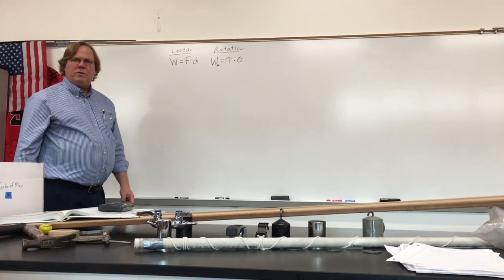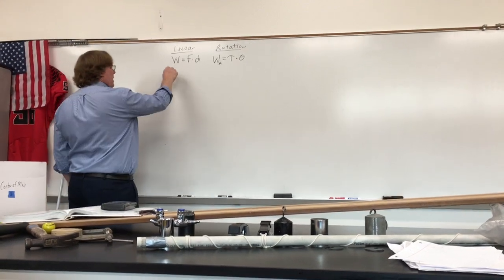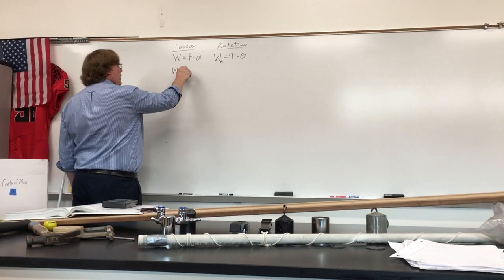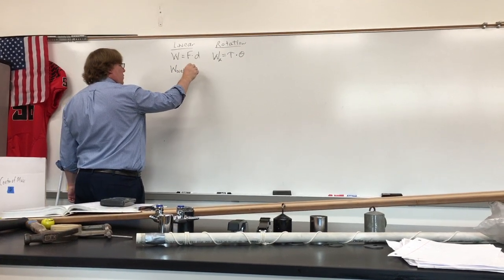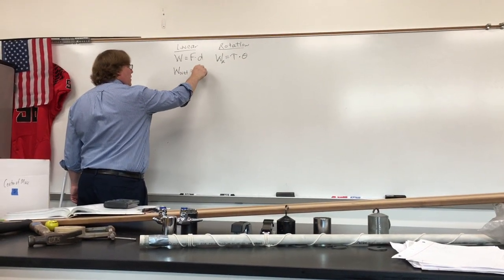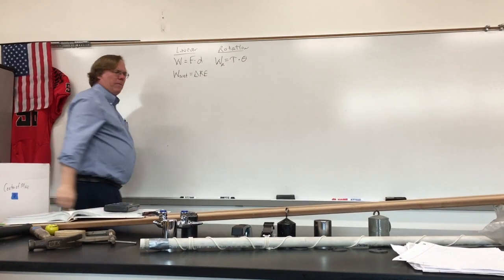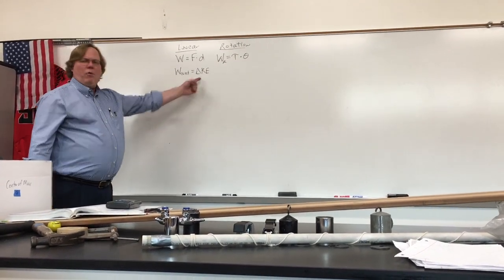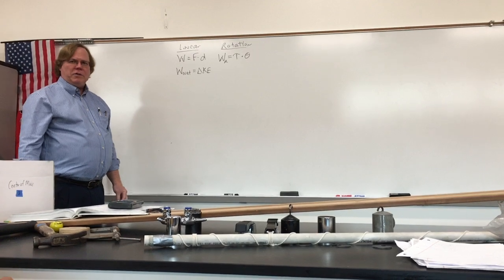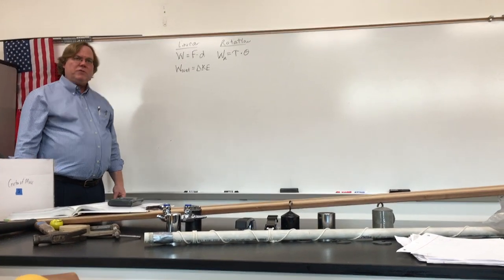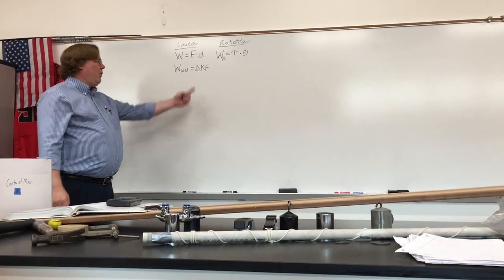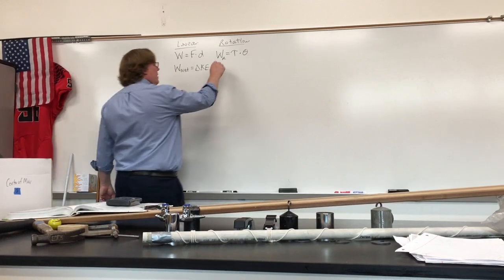I also want to introduce another formula we learned in linear land, the fact that net work is equal to the change in the kinetic energy. Well, this equation doesn't go away just because we've now learned about rotational kinetic energy. This equation only gets better.